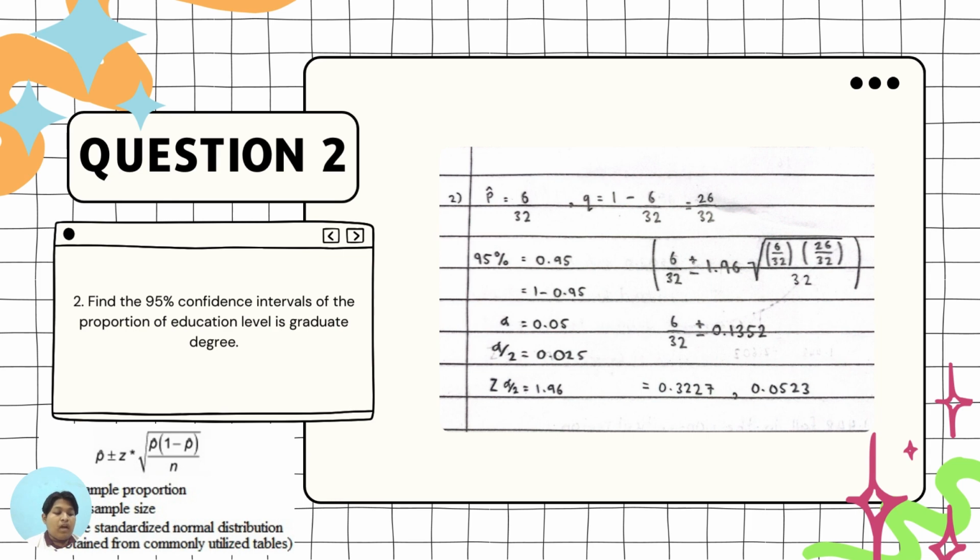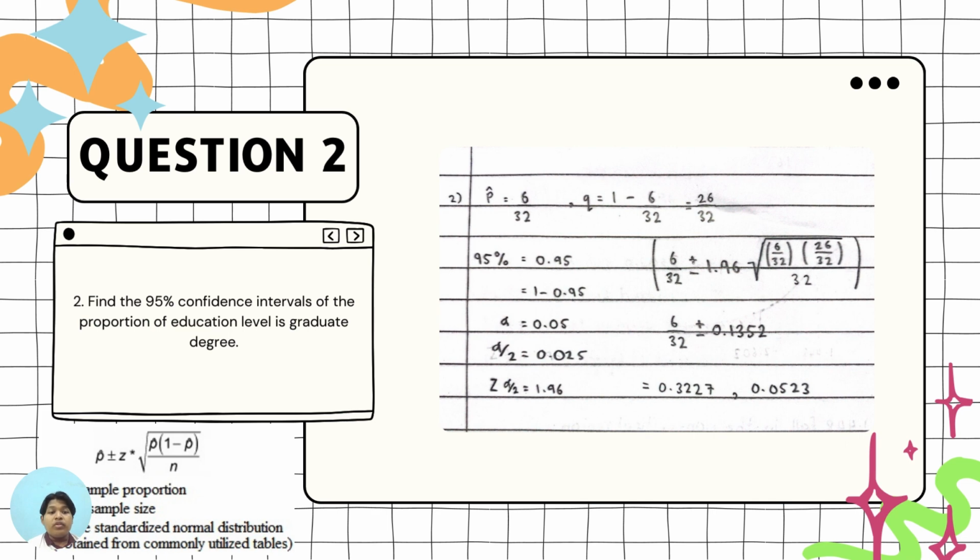So the alpha equal to 0.05 as 1 minus 0.95 equal to 0.05, and the z alpha over 2 from the z table equal to plus minus 1.96. So when we put into the formula, which is p cap plus minus z times square root of p cap times 1 minus p cap, which is q, over n, we got the answer is 0.3227 and 0.523.